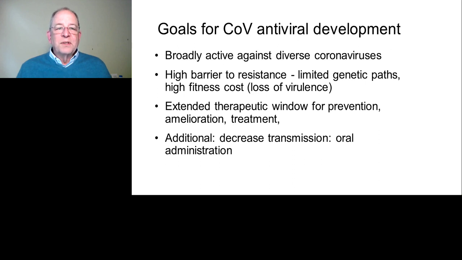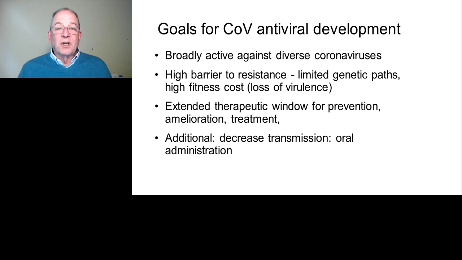Our goal was to be broadly active against diverse coronaviruses. We didn't want a compound that worked well against one human coronavirus, or SARS alone, or MERS alone. Those are important and interesting for development, but for our purposes we wanted compounds active against diverse coronaviruses. Second, a high barrier to resistance, because antiviral resistance emerges rapidly. Viruses are very good at this.